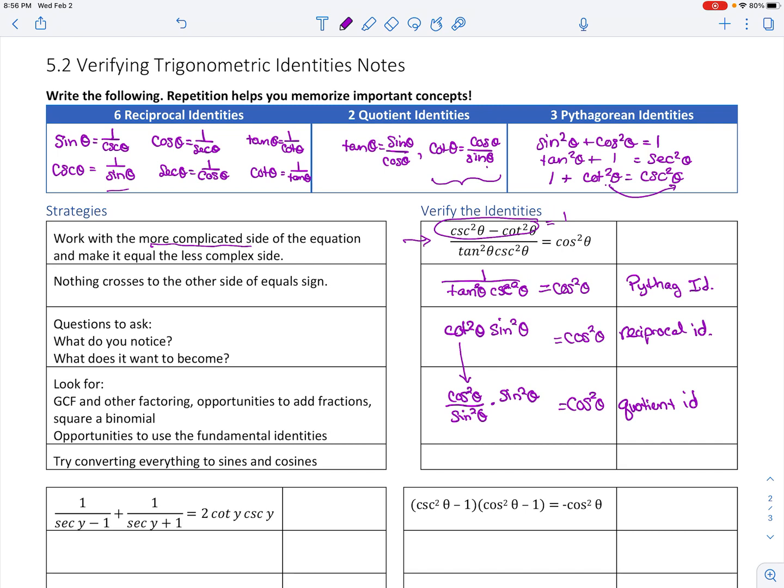And now what do we notice? Well, I see that cosine squared theta. We're trying to get cosine squared theta on the left-hand side in addition to the right. How can we do that? Well, sine squared theta over sine squared theta is simply 1, so cosine squared theta is going to be equal to cosine squared theta when we simplify.